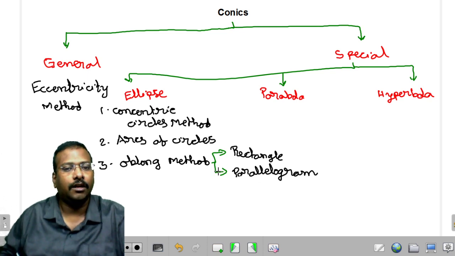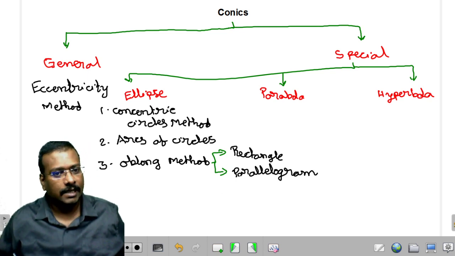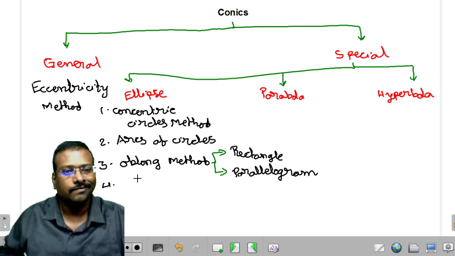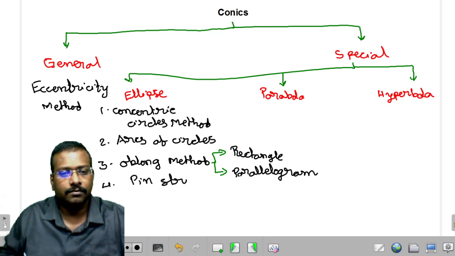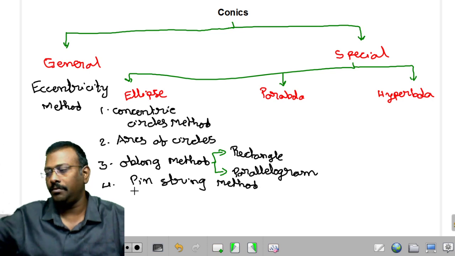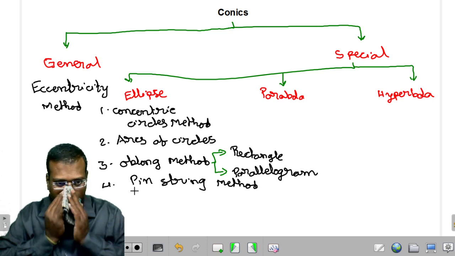When we are going to use these methods, we will discuss in detail in the coming classes. Fourth one is the pin string method. This is also called Gardner's method.